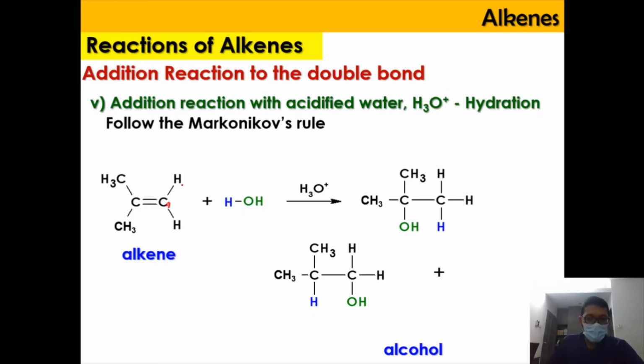This carbon will have more hydrogen atoms attached to it, so the hydrogen is gonna attach with the carbon which has more number of hydrogen atoms, and this is gonna be our major product. OH is going to be attaching here, major product, and this is going to be our minor product. So from alkene, it is going to produce an alcohol.